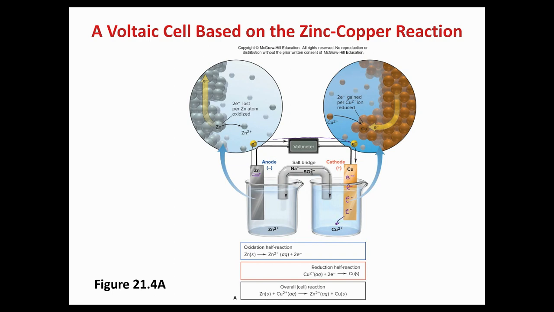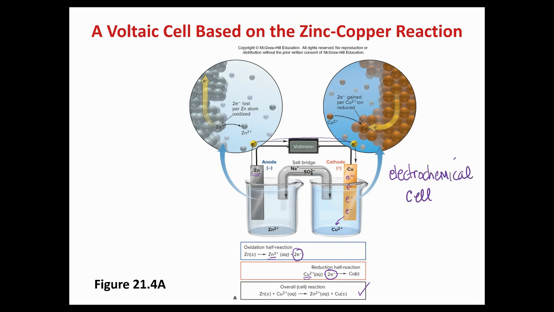The electrons are going to go into the solution and react with the copper 2. So the oxidation side is the zinc going to zinc 2 plus, losing 2 electrons. The copper 2 in the solution is going to gain those 2 electrons, and then you can balance those 2 equations for the overall cell. So this whole thing's called an electrochemical cell.